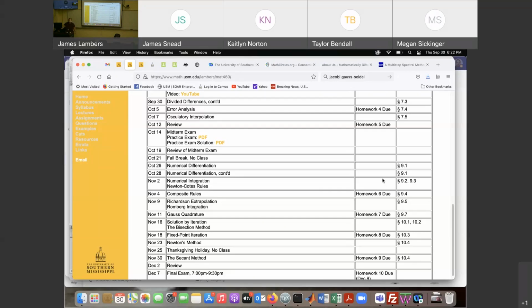For polynomial interpolation in general, you saw on the practice exam what you should be able to do: given a function and some interpolation points, come up with the interpolating polynomial of the correct degree in Lagrange form or Newton form, and be able to estimate the error.